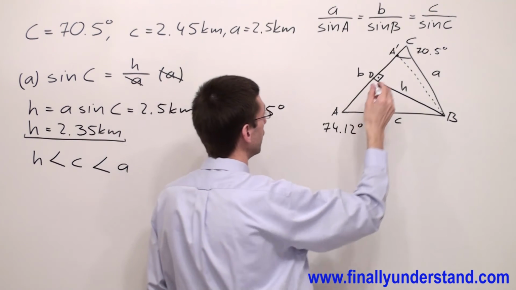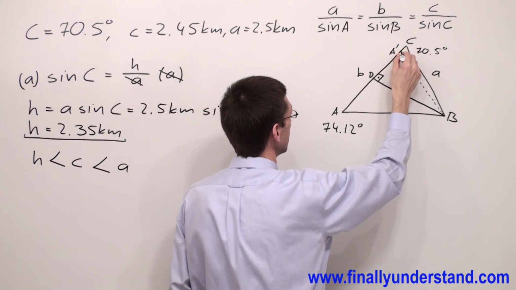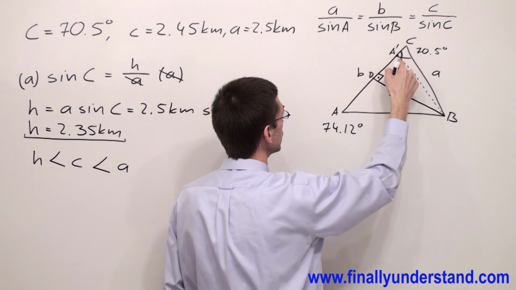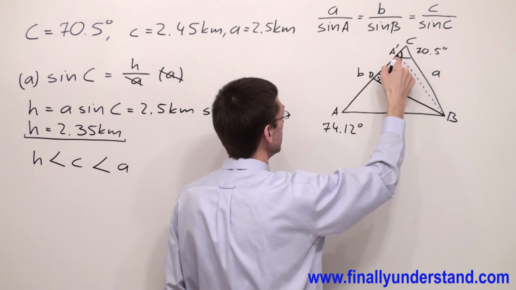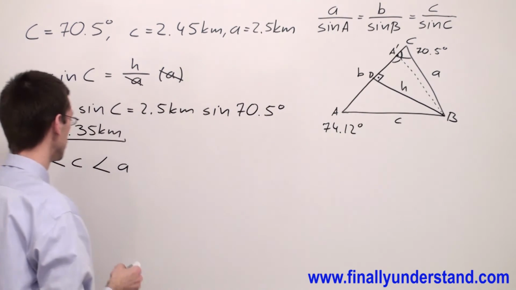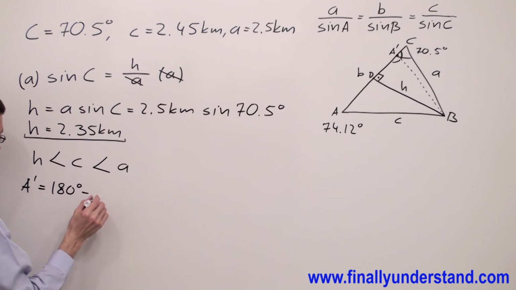In order to find the value of this angle, we realize that this angle is the supplementary angle of this angle, and this angle is nothing else but angle A. So in order to find A prime, you subtract angle A from 180 degrees.